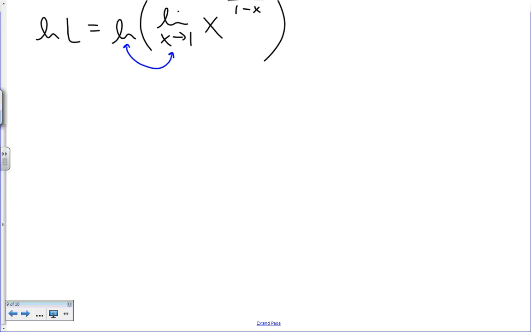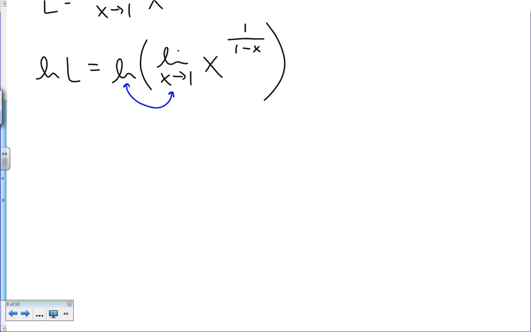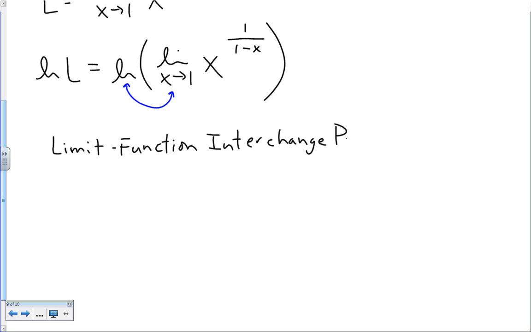So let's go through the limit function interchange property. I want to interchange the limit with that natural log.